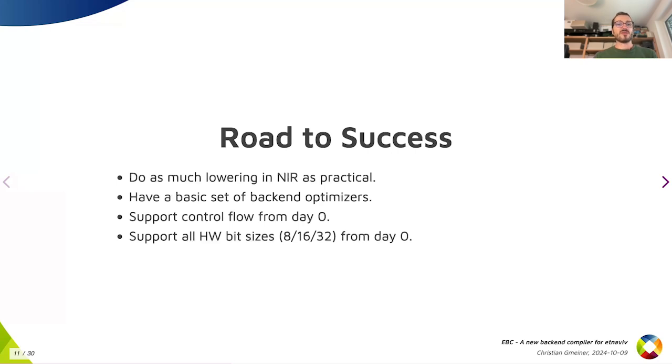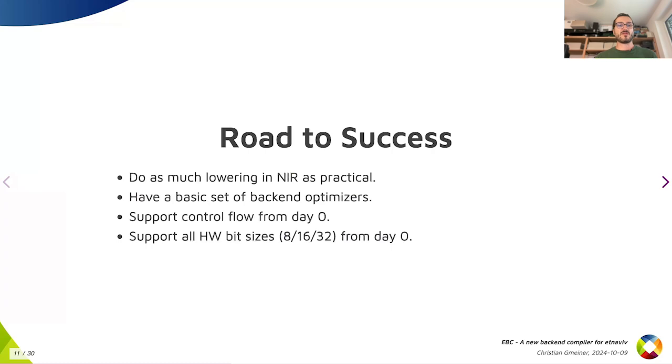By lowering operations in NIR, I can take advantage of NIR's optimizers, which do all the hard work for me, and I do not repeat the same optimizers in my backend compiler. NIR is also so flexible that it allows hardware-specific intrinsics and makes life really easy for a compiler developer.